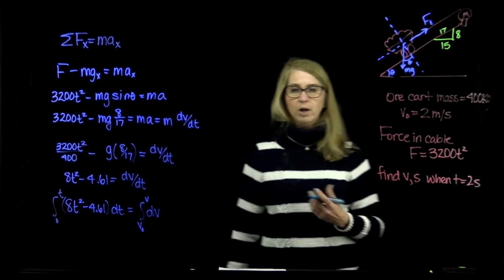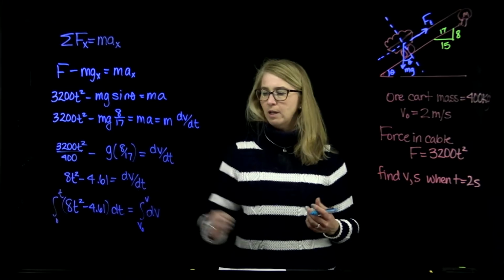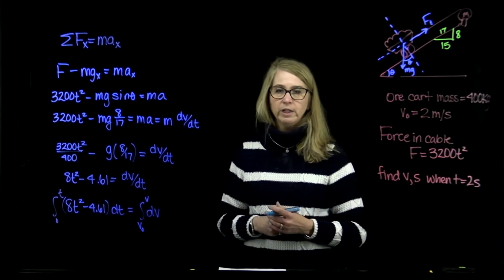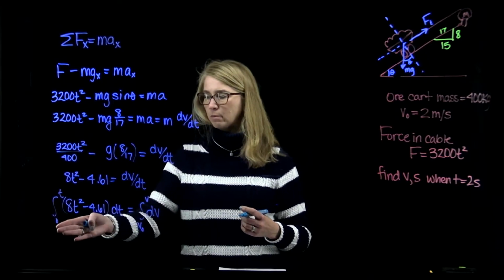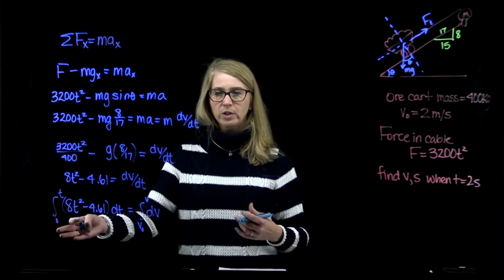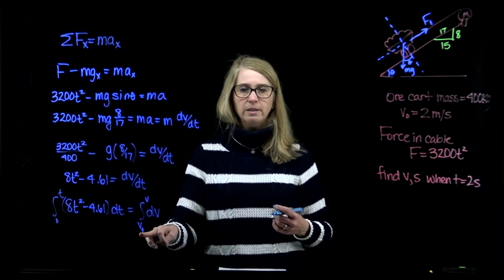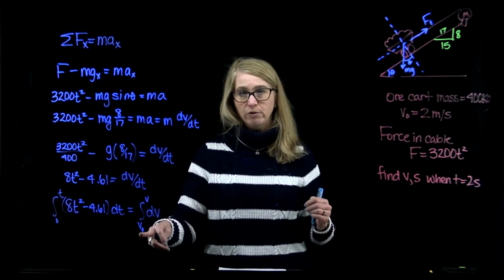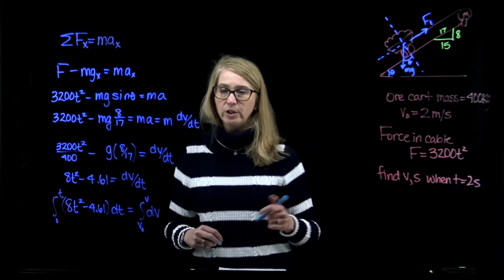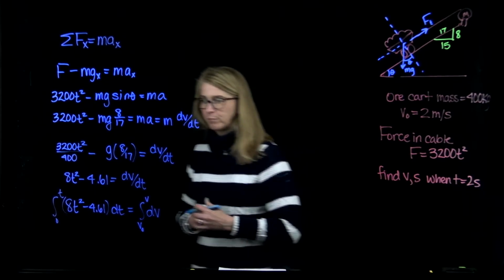So I multiplied both sides by dt because I want the time on this side and then just dv over here. Remember that my limits of integration have to match up, so I'm going to go from time equals 0 to some arbitrary time t. The velocity at time equals 0 we're calling v naught, which actually we have a value for, that's 2. And then we're going to just have arbitrary velocity at time t.